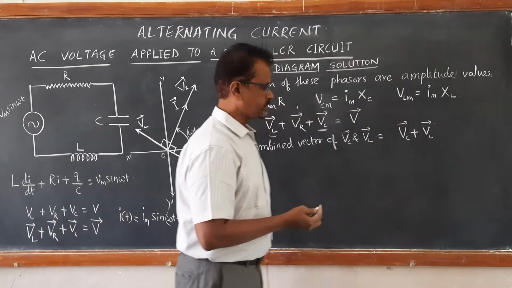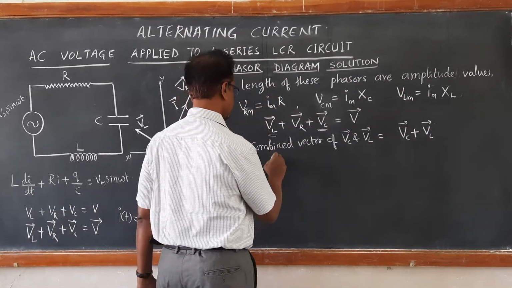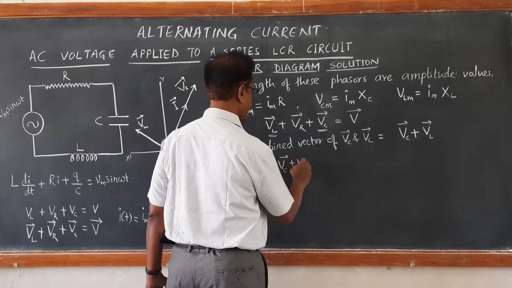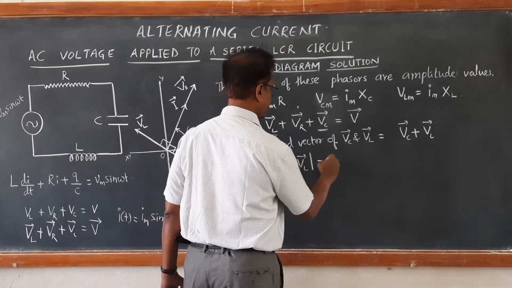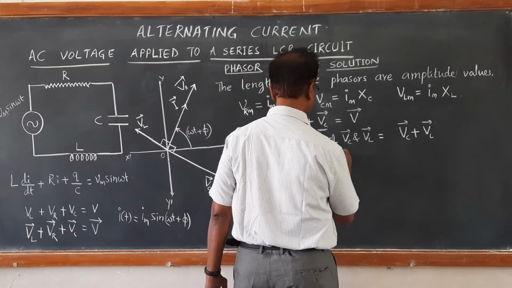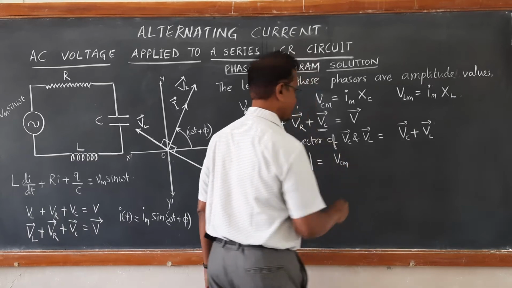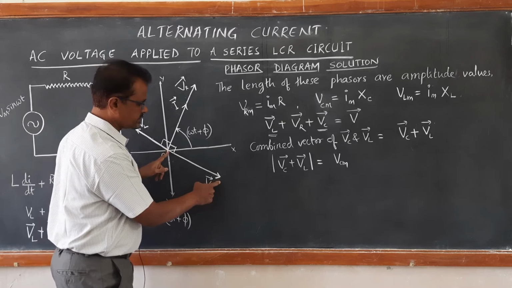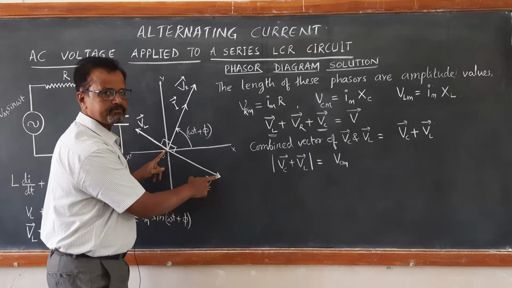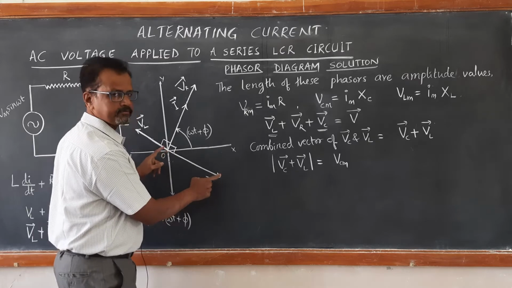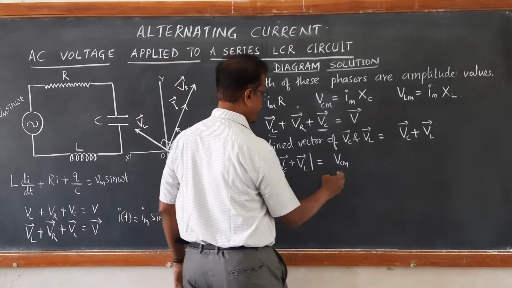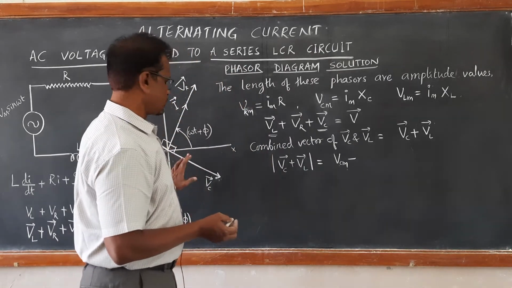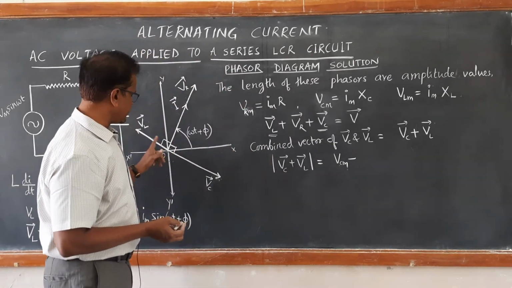This has a magnitude equal to VCM, that is, the magnitude of VC is nothing but the length of VC, the maximum value, the amplitude of VC, that is VCM, minus VLM, it is minus because it is in the opposite direction. The angle between them is 180 degrees, 90 plus 90.